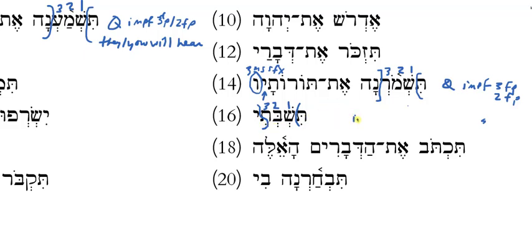So this is the imperfect 2FS. Okay? So who's going to do this action? It's a you woman. You will shavat. Now you just have to know, what do those 3 root letters mean? You will rest. Yes, you will rest. Or you will cease. Woman, you will cease.